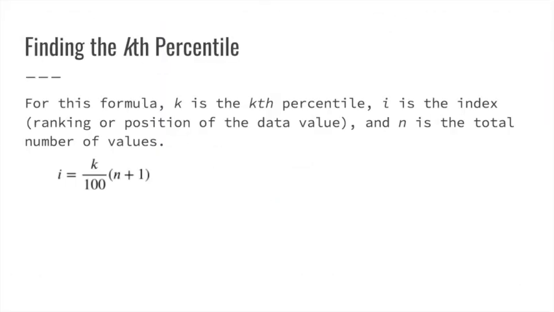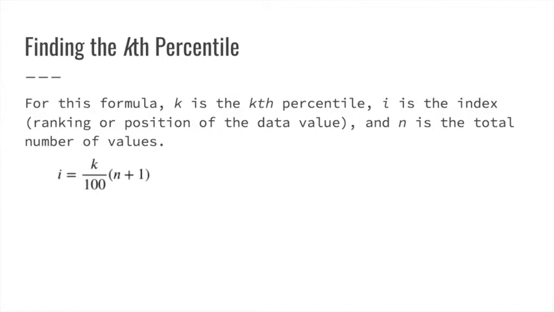But finding the kth percentile, when it comes to finding percentiles, we have a formula that we're going to use. Basically, you'll be asked a question like, find the 40th percentile value for this data set. The 40 in particular becomes the K. And then I is what we call an index for the data value.